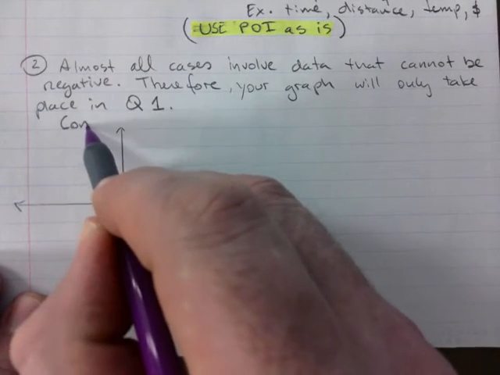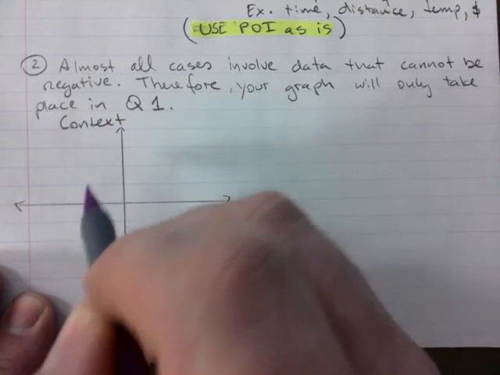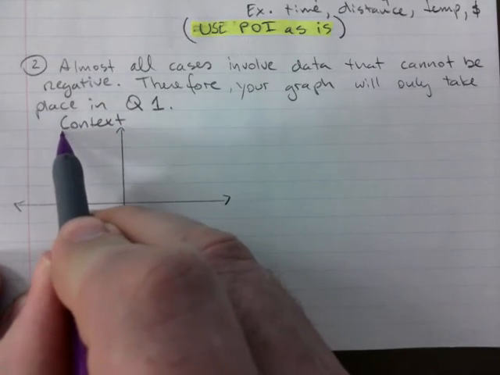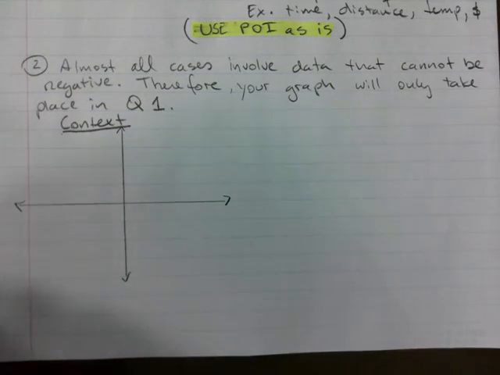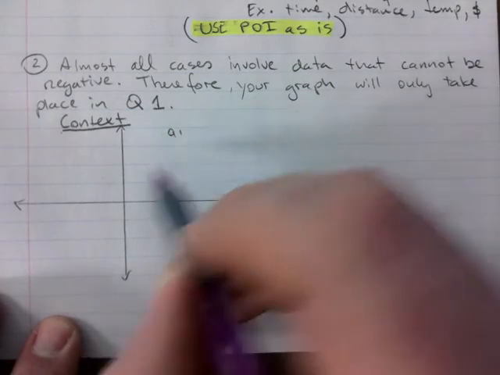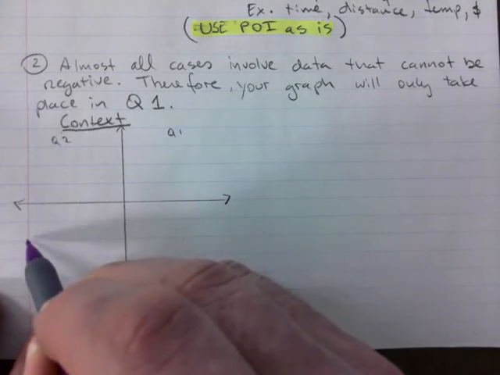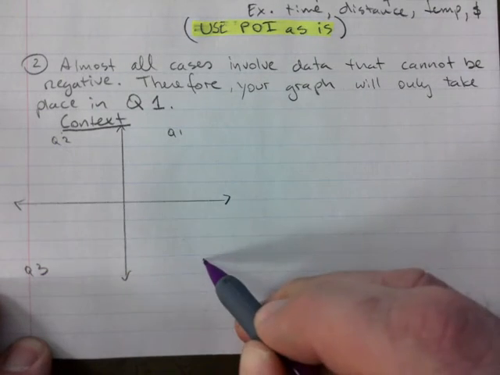So at the top, I'm going to write context. Sometimes you'll hear the word contextual, right? When there's a text associated. So we have quadrant 1, quadrant 2, quadrant 3, and quadrant 4.